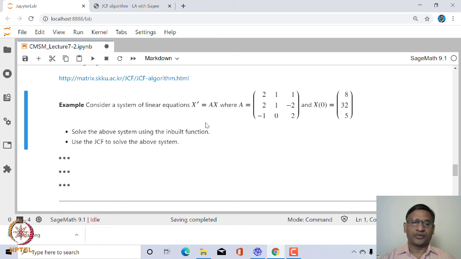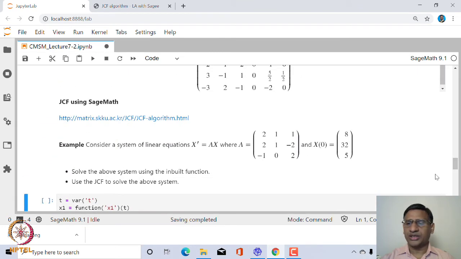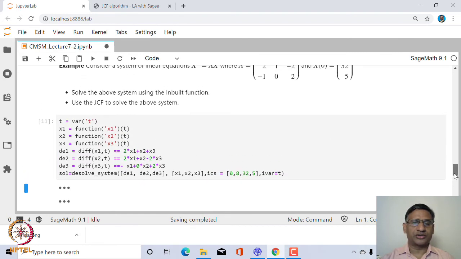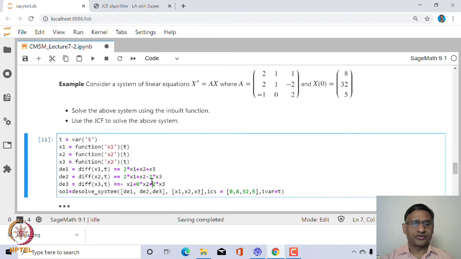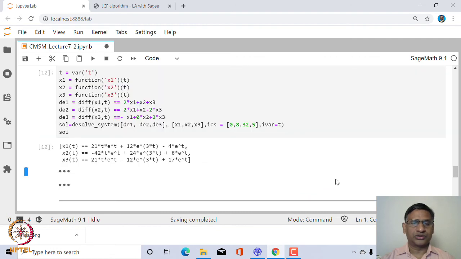So let us look at this example, and you can first solve this system using the inbuilt function desolve_system for these three differential equations. Let us ask it to show the solution we have obtained. So that is the solution.